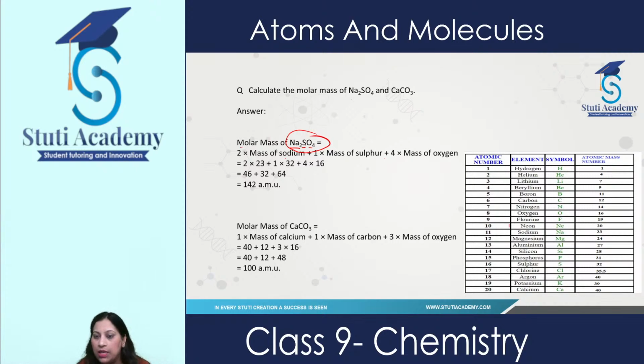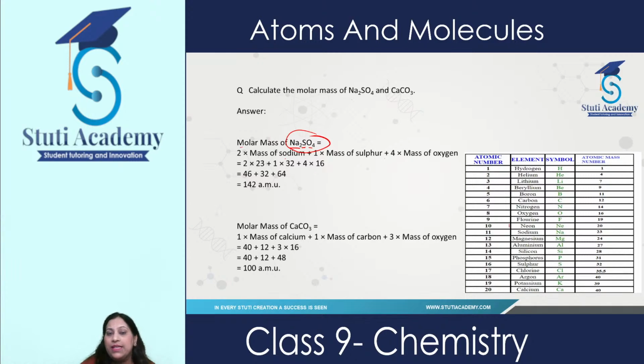And masses are given here. You need to learn all these masses of elements from atomic number 1 to 20. So you need to learn all these atomic numbers, their elements, symbols and atomic masses. Then only you will be able to solve these kinds of questions.